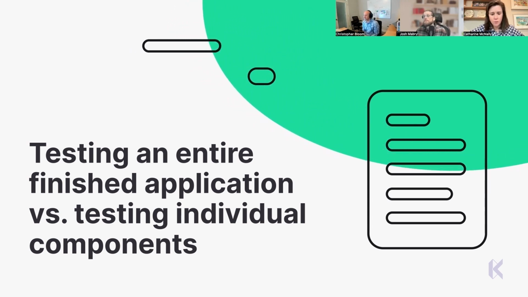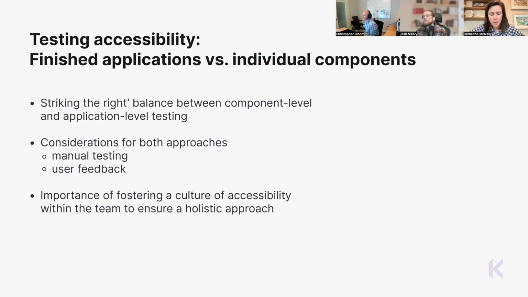All right, next one. Well, can I raise something really quick? Yes, please. My favorite accessibility statistic is that 67% of all accessibility issues can be caught in the design phase.